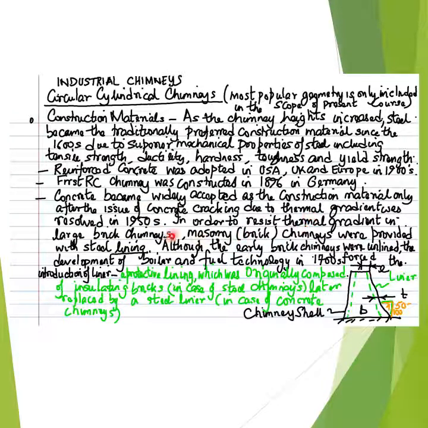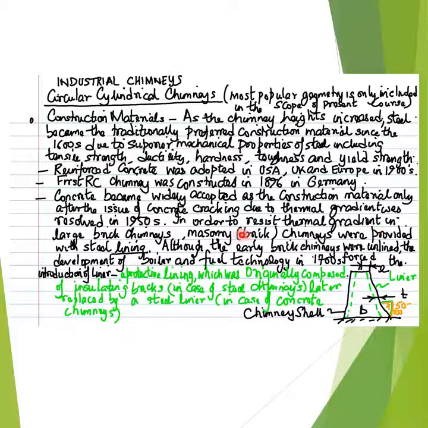In order to resist the thermal gradient in large brick chimneys, earlier, that is before the development of reinforced concrete chimneys in the 1900s, the masonry or brick chimneys that were prevalent before 1900s were provided with a steel lining.